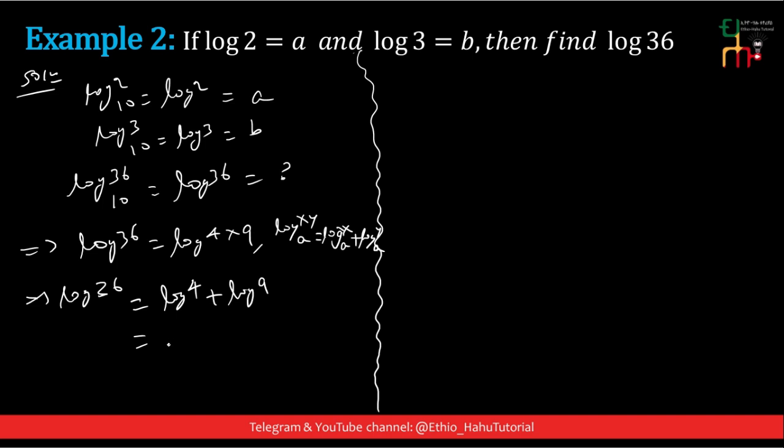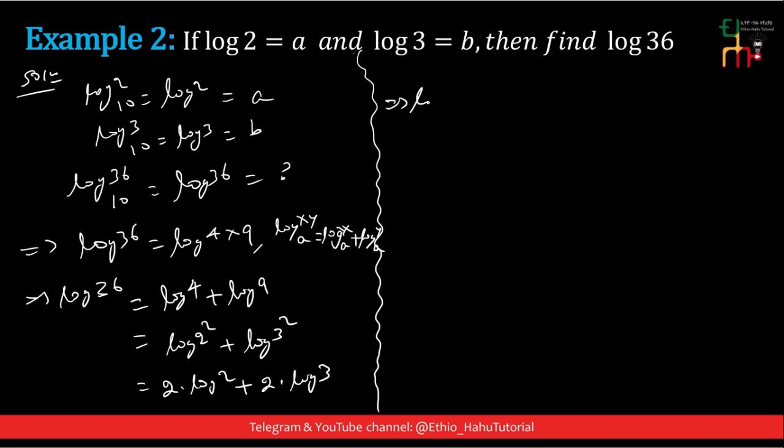Logarithm of 4 is logarithm of 2 to the power of 2, plus logarithm of 9, which means 3 to the power of 2. This is equal to 2 times logarithm of 2 plus, again bringing 2 here, 2 times logarithm of 3.